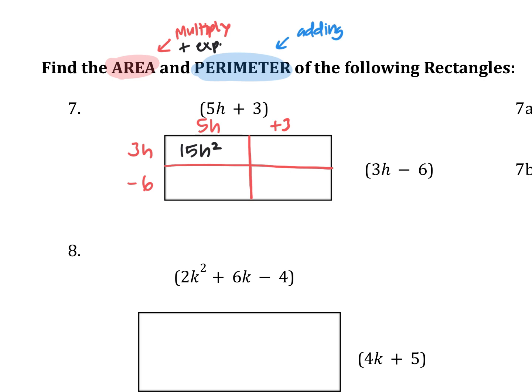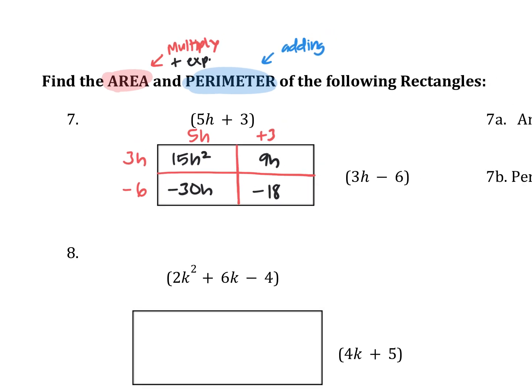Okay, 3h times positive 3 gives me 9h. Negative 6 times 5h gives me negative 30h. And lastly, negative 6 times 3 gives me negative 18. Okay?